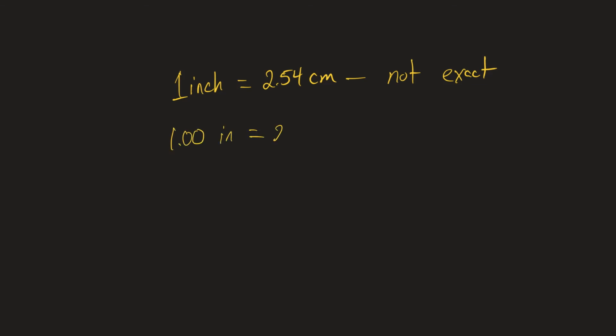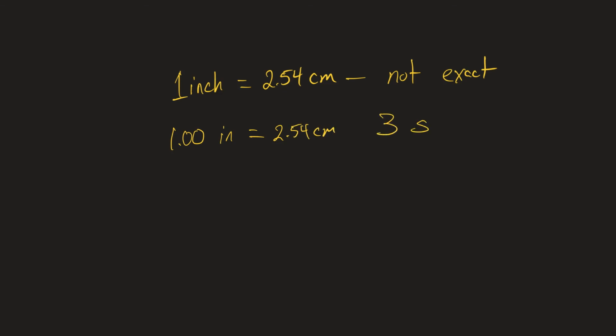Now, there are some cases where a relationship like that is not going to be an exact relationship. Think about this. 1 inch is equal to 2.54 centimeters. I don't look at that as exact. I would say that this is not exact. In fact, I think this is better written this way: 1.00 inches is equal to 2.54 centimeters.